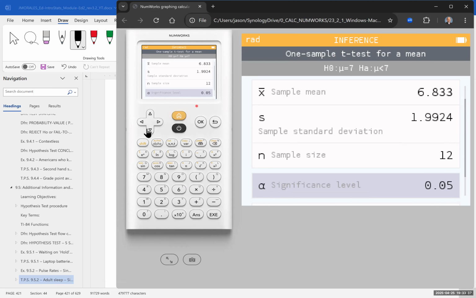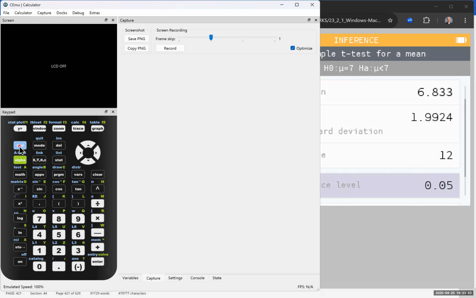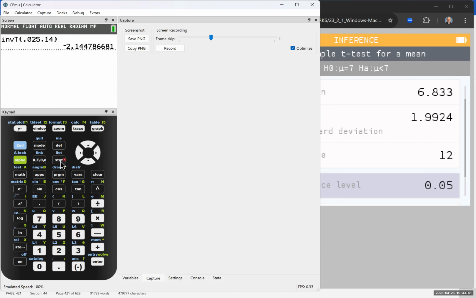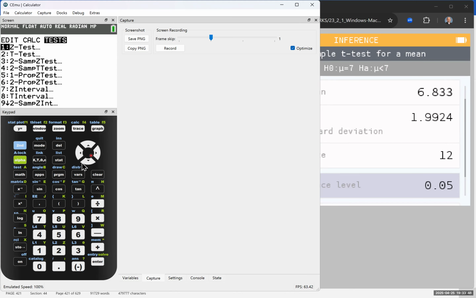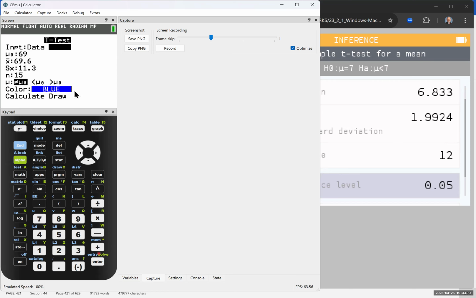Before I keep going on that, let me go to the Texas Instruments. Okay, stat, tests, second one down. We're putting in stats. So this is going to be 7, 6.833, 1.9924 with a sample size of 12, and less than 7 for the alternate hypothesis.